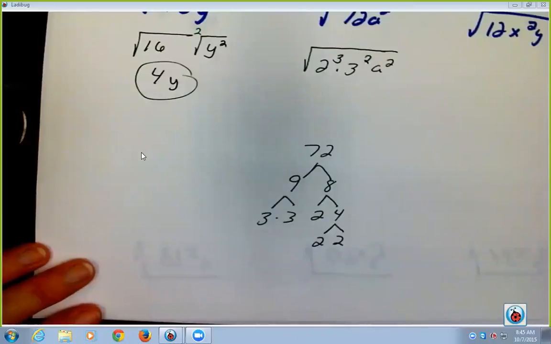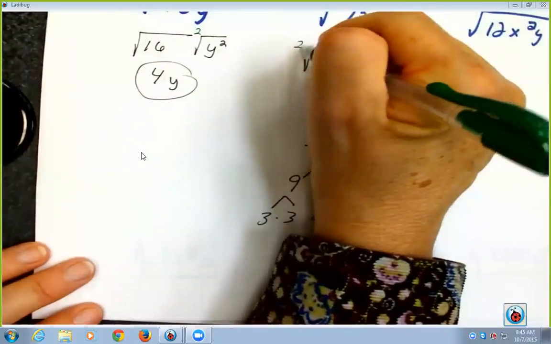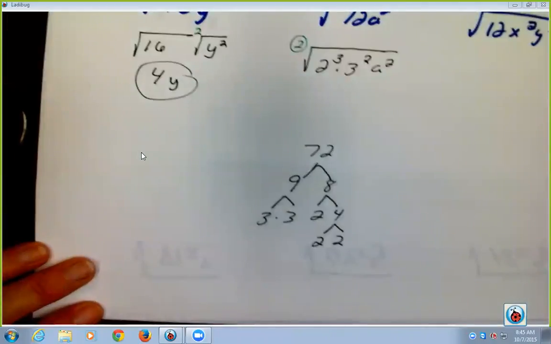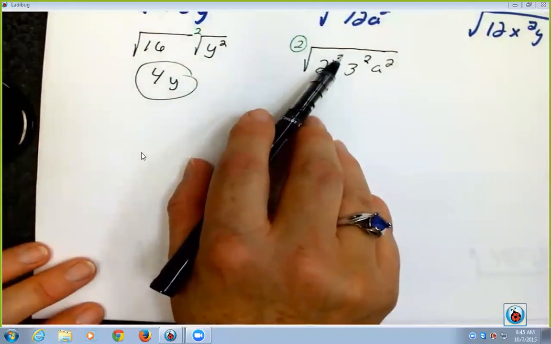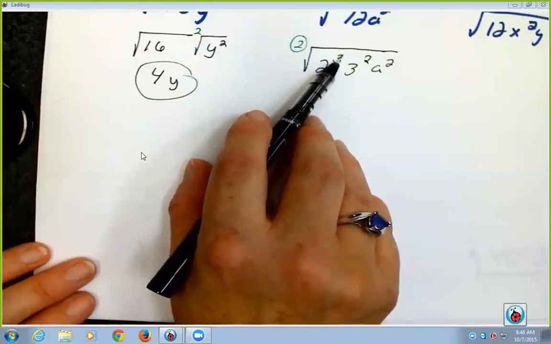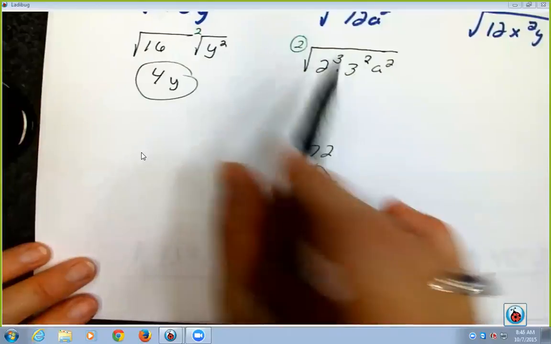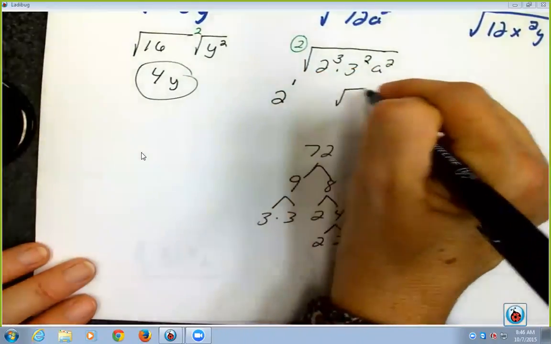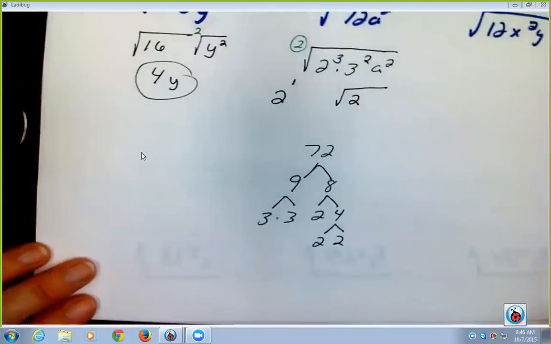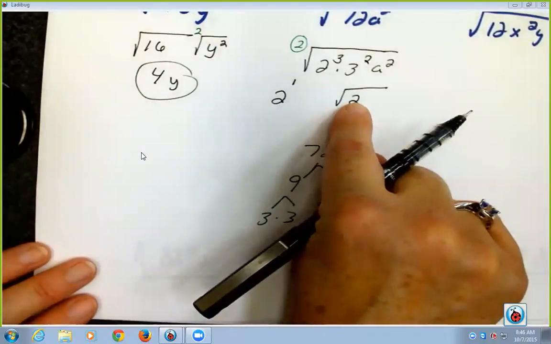So now if I look at my index out here, which is 2, 2 goes into 3 how many times? Once with 1 left over. We all agree? So if it goes in there once, that means I can pull out a 2 to the first power, but under my radical, it's going to leave whatever's left over. So it leaves a 2 under here.